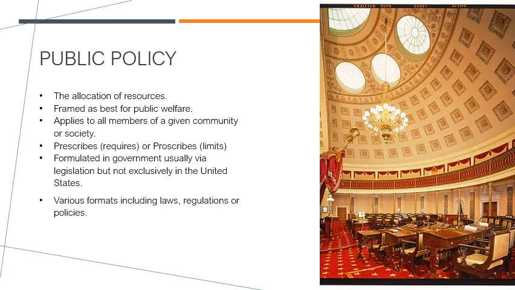So as we look at public policy, we know that it has to apply to all members of a given society, and that it's really the only way that we can make sure that all of these pieces of health economics are included as we make public policy.